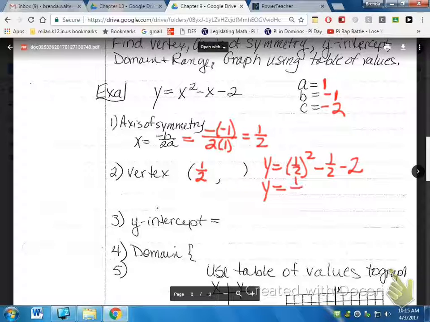So this would be 1/4 minus 1/2 minus 2. And if I go from there, it's going to be, I believe, -2 1/4, isn't it? Should be? Yes. Okay, and I'm going to make that -2 1/4. Okay, we'll go with that, -2 1/4. You could also name that -9/4. Questions about that?